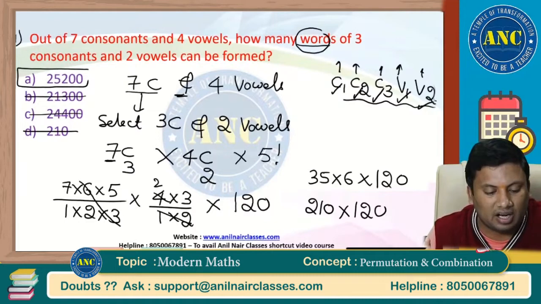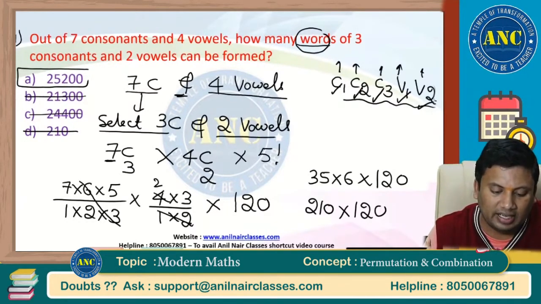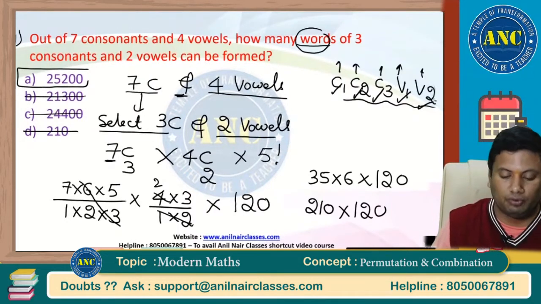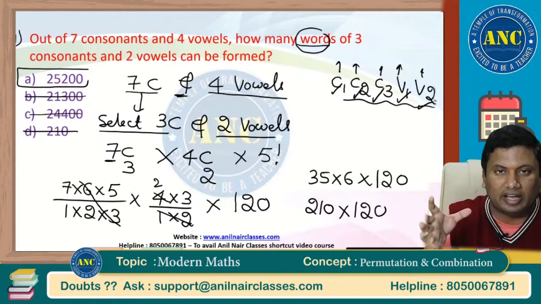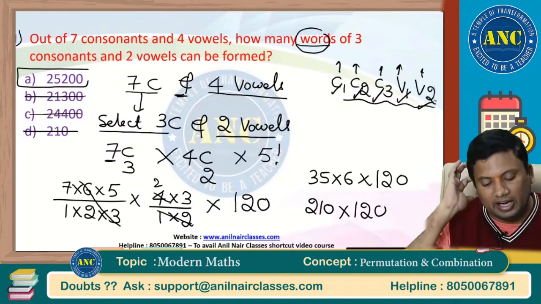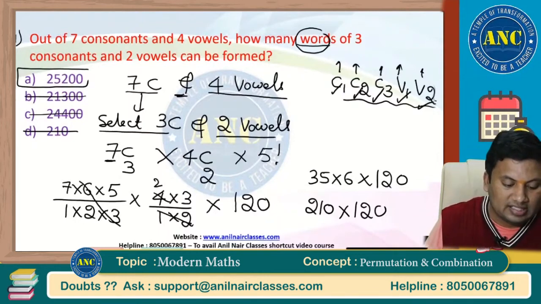Out of 7 consonants, select any 3. Out of 4 vowels, select any 2. Because it is an AND condition, 7C3 into 4C2. Whatever we got, 3 consonants and 2 vowels, these 5 letters can be arranged in 5 factorial. Again, I am explaining what I did. 7C3: 7 is a prime number. The answer should be divisible by 7.